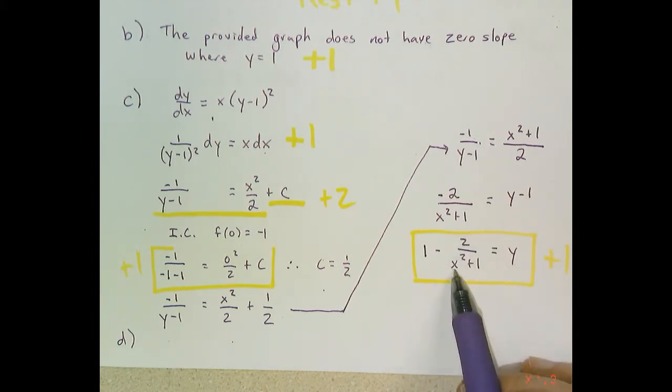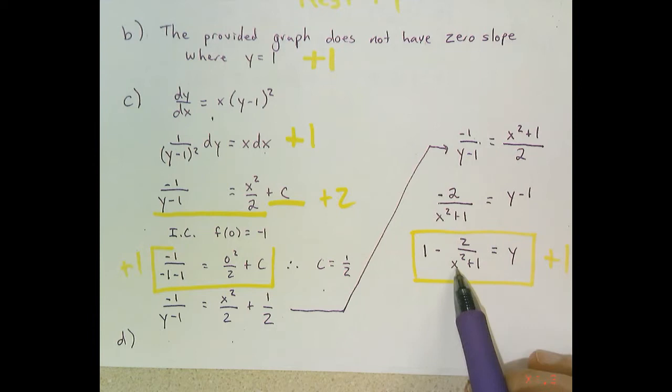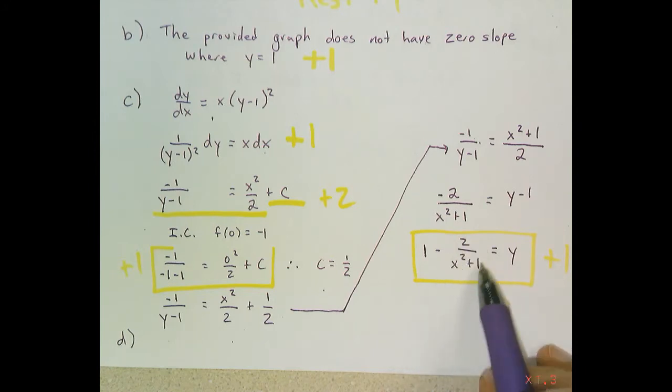And the further that we get away from 0, the larger our denominator will become, and a larger denominator will shrink the fraction down to essentially 0. So the biggest value of this fraction is 2, and the smallest value is nearly 0.